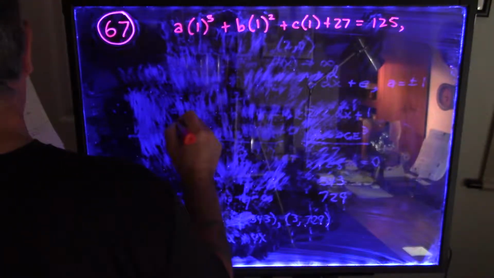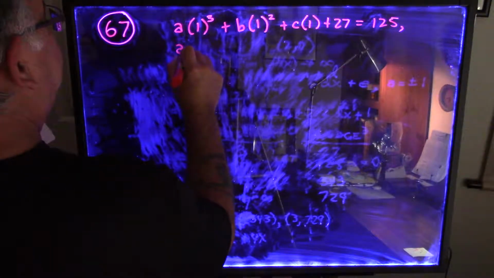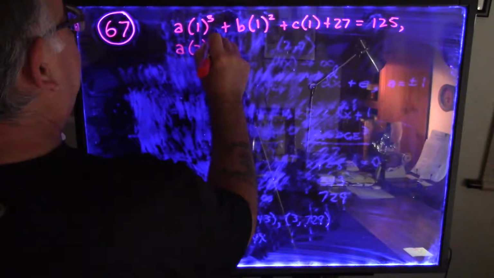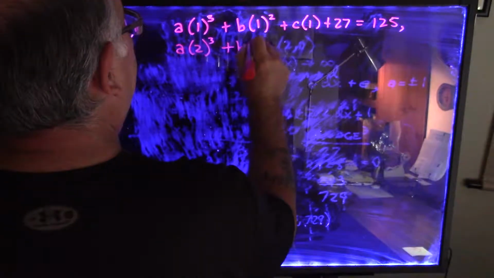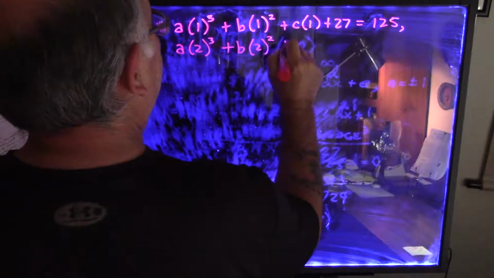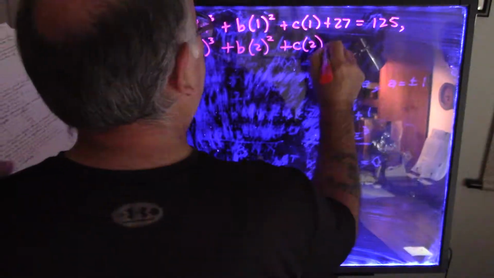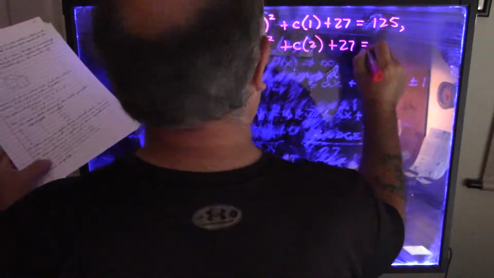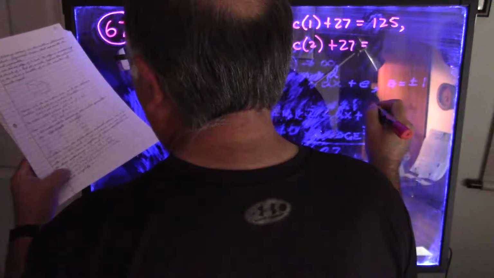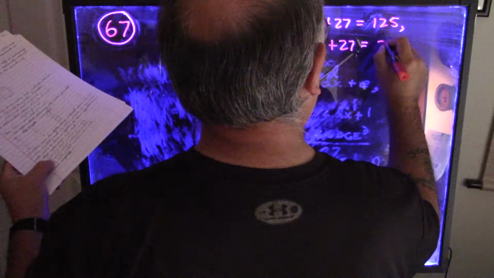And then we let m equal 2: a times 2 cubed plus b times 2 squared plus c times 2 plus 27, and the volume when 2 minutes went by was 343.